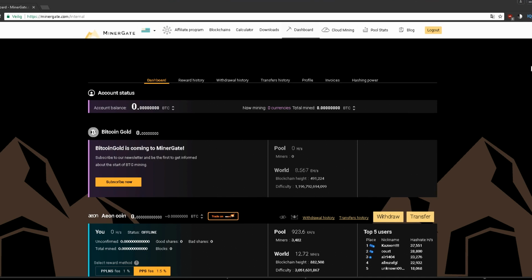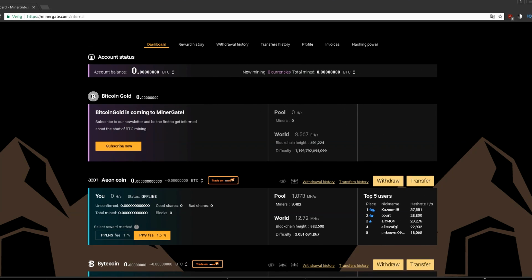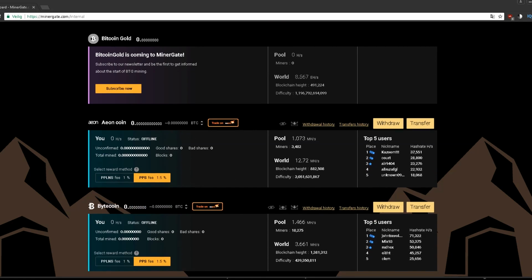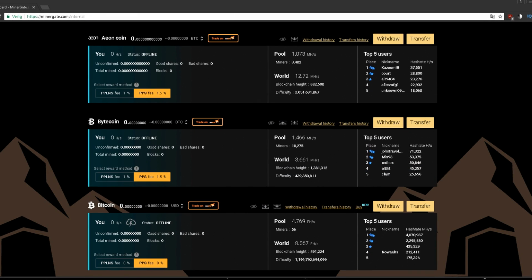Alright, as you can see here, there's a couple different buttons. First, I'm going to be explaining the dashboard now. If we go to, say, Ian Coin, there's all kinds of information and numbers here. And first of all, here it says U, and then you have the hash rate. This is your hash rate and what you're doing at the moment, your mining speed.